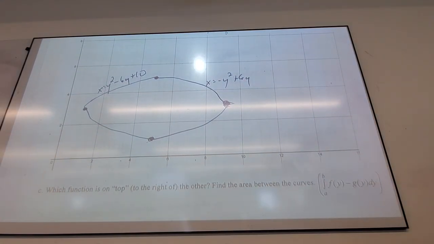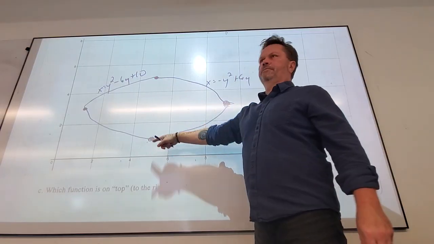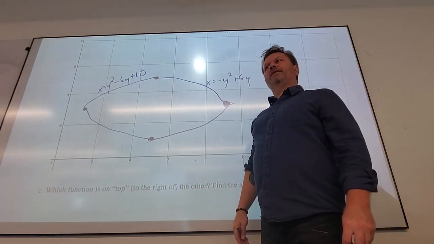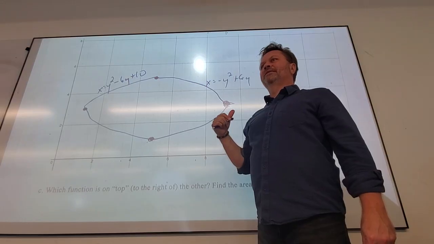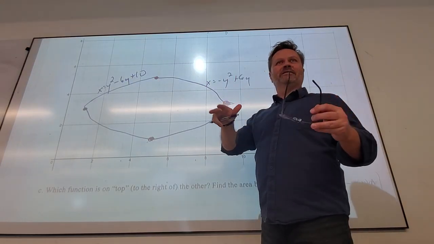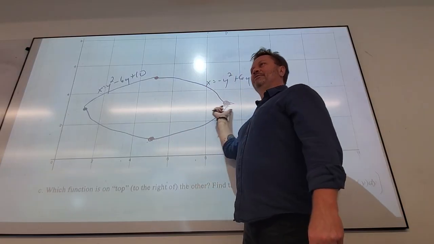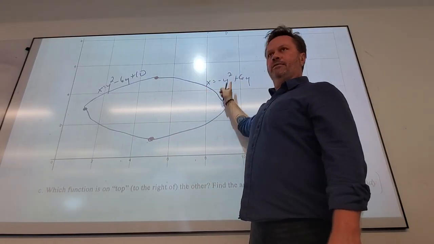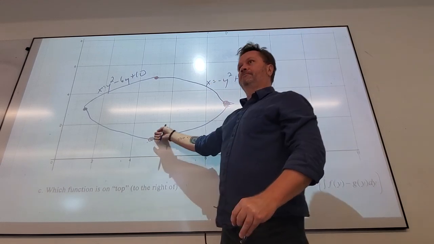Which parabola has the larger outputs between these 2 points? When I say output, what variable am I referencing in this problem? X, right? So what variable goes more to the right? Which parabola goes more to the right? This guy. He's the one, so if I rotate this, he's the one that's on top.